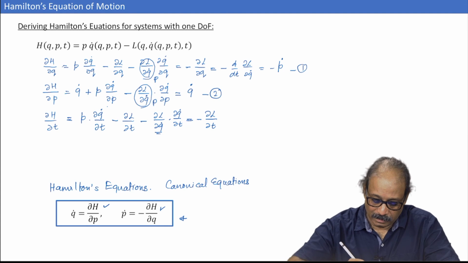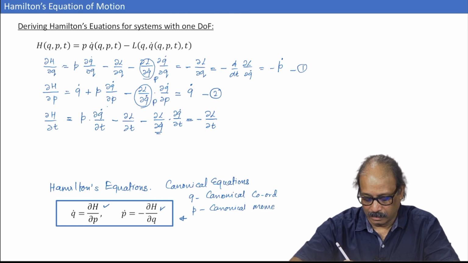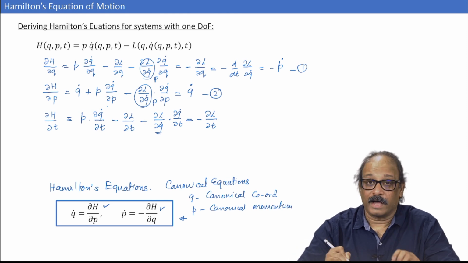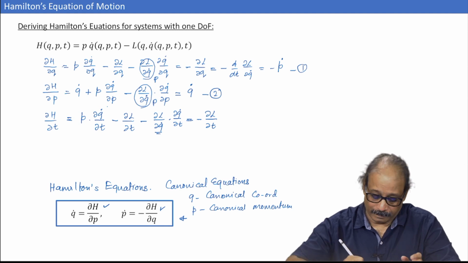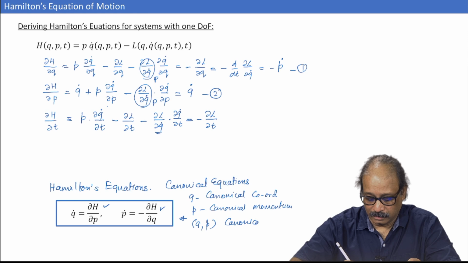Out of this, q of course will become canonical coordinate, p would become canonical momentum, and also the pair together, q and p, are called canonical variables.